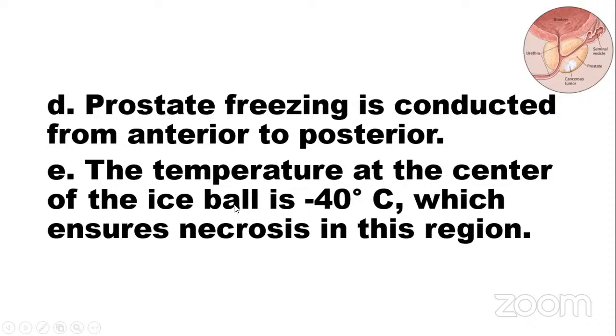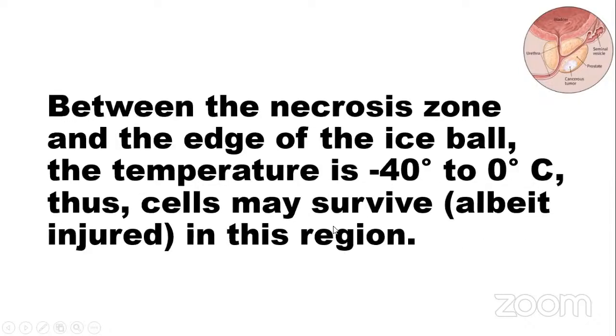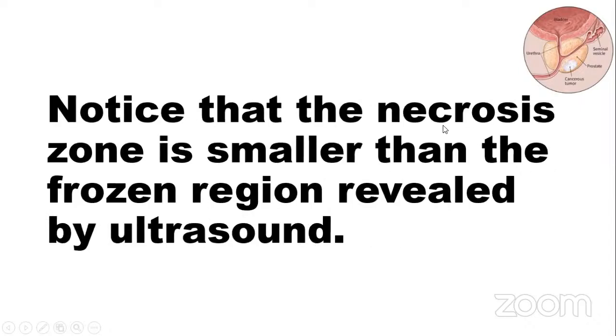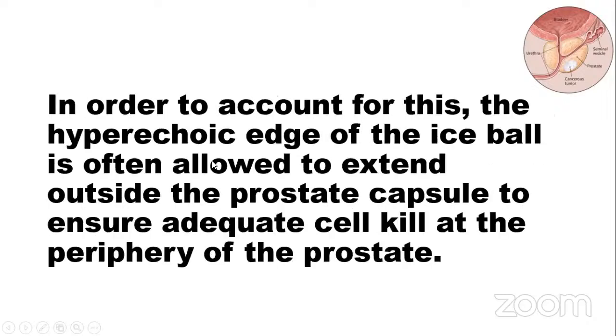The temperature at the center of the ice ball is -40 centigrade, which ensures necrosis in this region. Between the necrosis zone and the edge of the ice ball, temperature is -40 to 0, thus cells might survive albeit with injury in this region. Notice that the necrosis zone is smaller than the frozen region revealed by ultrasound.